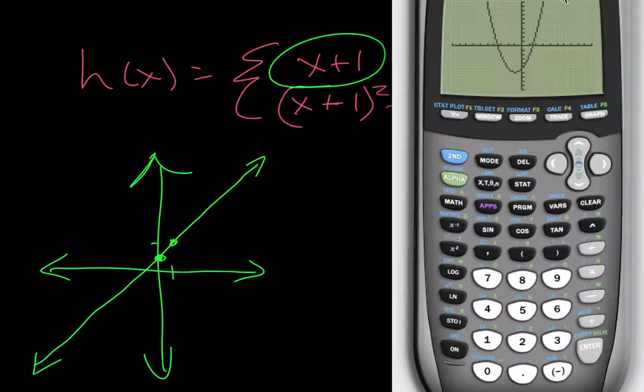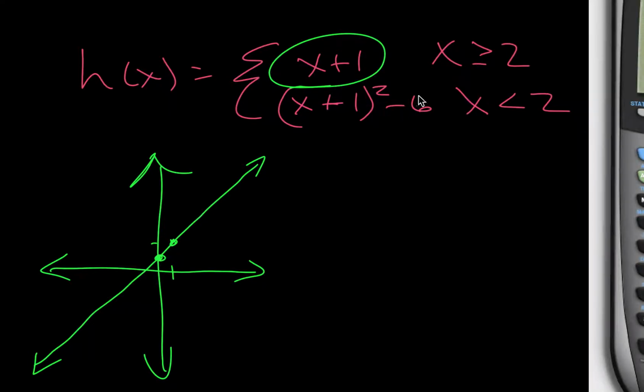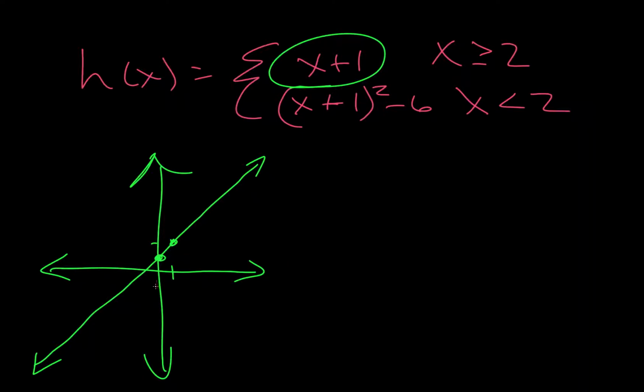Okay, we see it dips down like that, and let's see, 1, 2, 3, 4, 5, 6. This tells us we go down 6, left 1. So we go 1, 2, 3, 4, 5, 6, left 1. So that's where that is, and then we just draw our parabola.